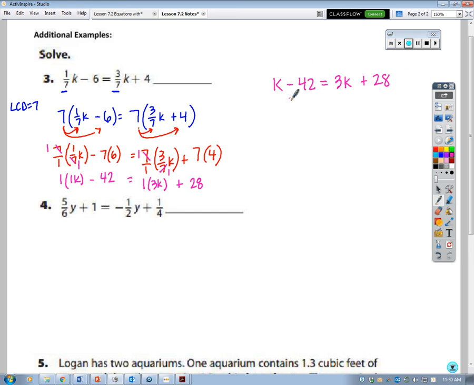So I solve by combining like terms. I put constants on one side, variables on the other, and I use inverse operations to do that. So I'm going to go ahead and move this constant, and it doesn't matter which one you start with. Ultimately, you should end up with the same solution. So this cancels out on this side, right? So this is gone.